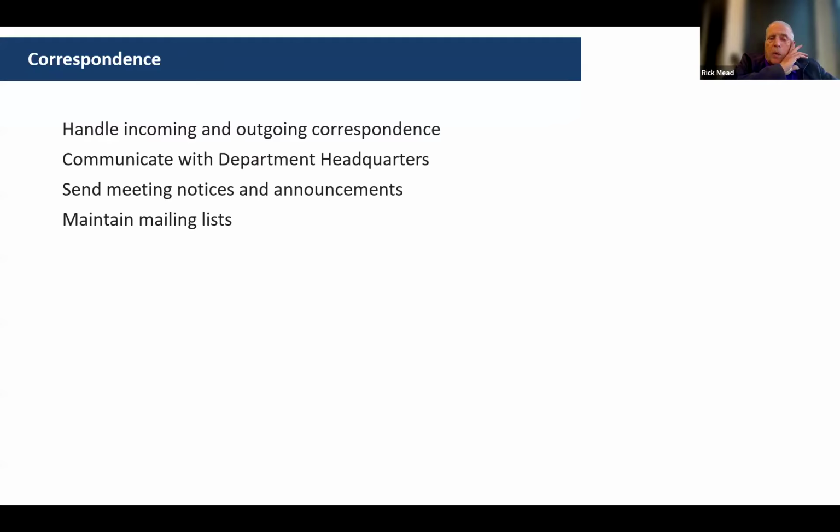Handling incoming and outgoing correspondence and communicating with department headquarters, sending meeting notices and announcements, maintaining mailing lists. The piece where you're maintaining mailing lists is something that there's a constant development of email addresses and phone numbers so that you can reach out to your members and contact them.